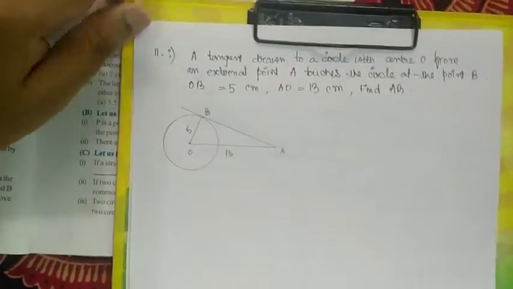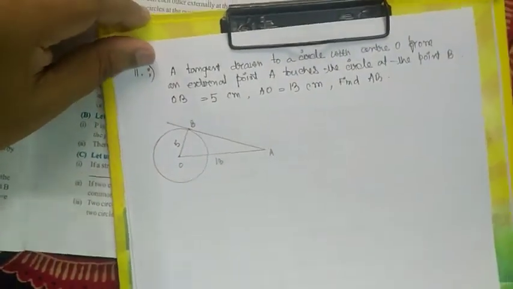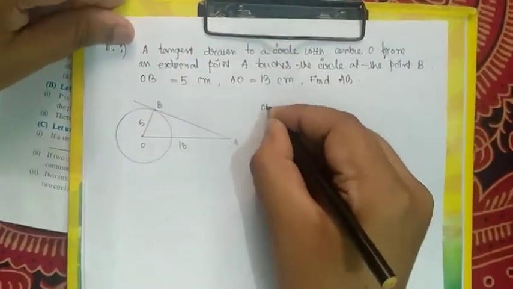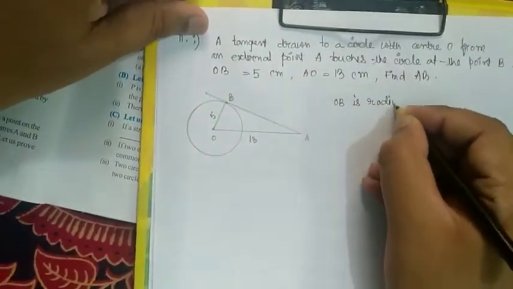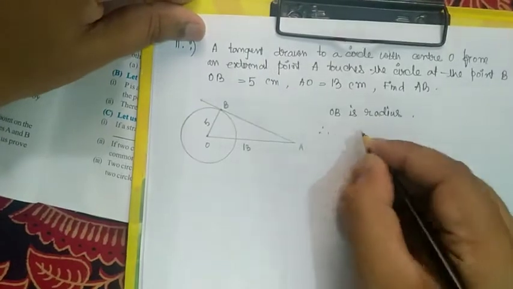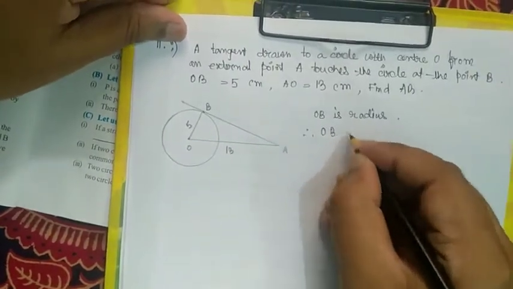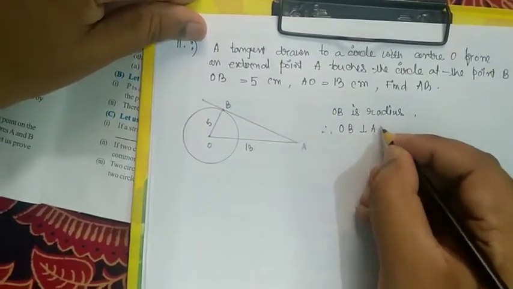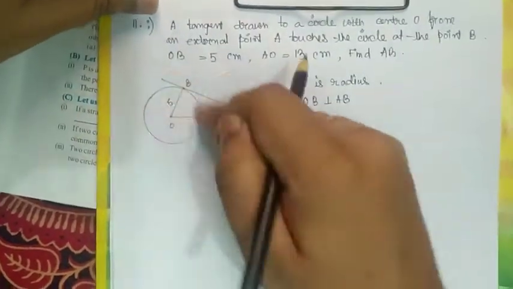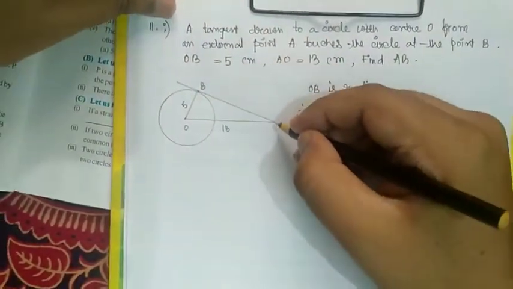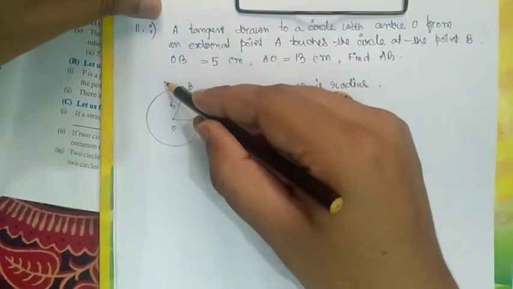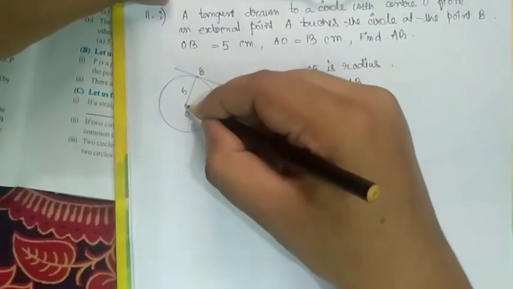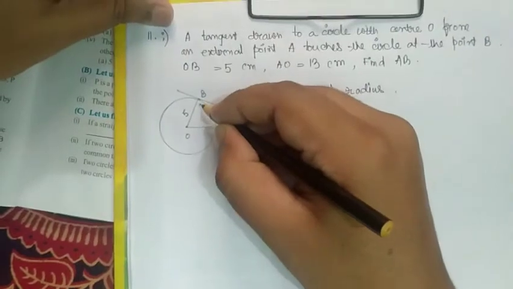So first of all, OB is radius. So therefore we can say OB perpendicular to AB. Why? Because in a circle, if from an external point a tangent is drawn, the radius is always perpendicular on the tangent.